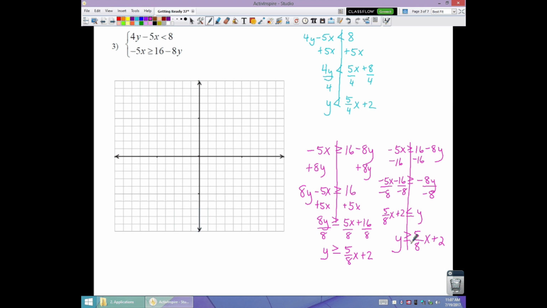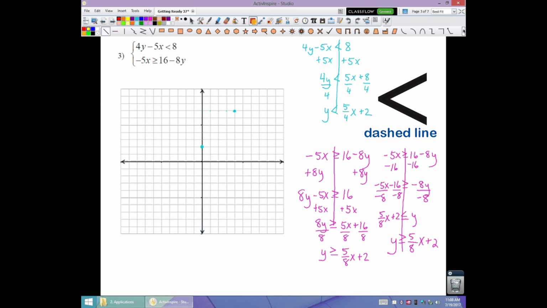All right, so I don't have any really large numbers. I am going to be able to count by ones on my scale here. So in this blue one, the y-intercept is 2, and the rise over run, the slope is 5/4. So rise 1, 2, 3, 4, 5, 1, 2, 3, 4. It will be a dashed line because it's just a simple less than.